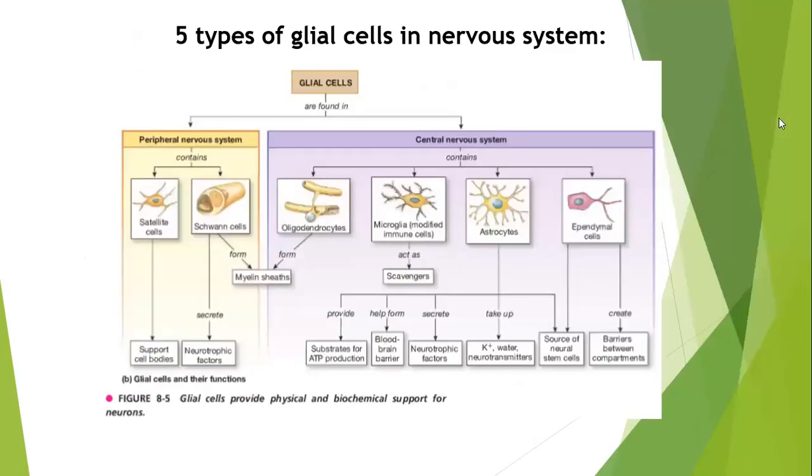So if you don't want to remember all the details in that slide, you can use this diagram, which shows you all those cells as I have described them. Within the PNS, we have satellite cells and Schwann cells. And then within the CNS, we have oligodendrocytes, microglia, astrocytes, and the ependymal cells.